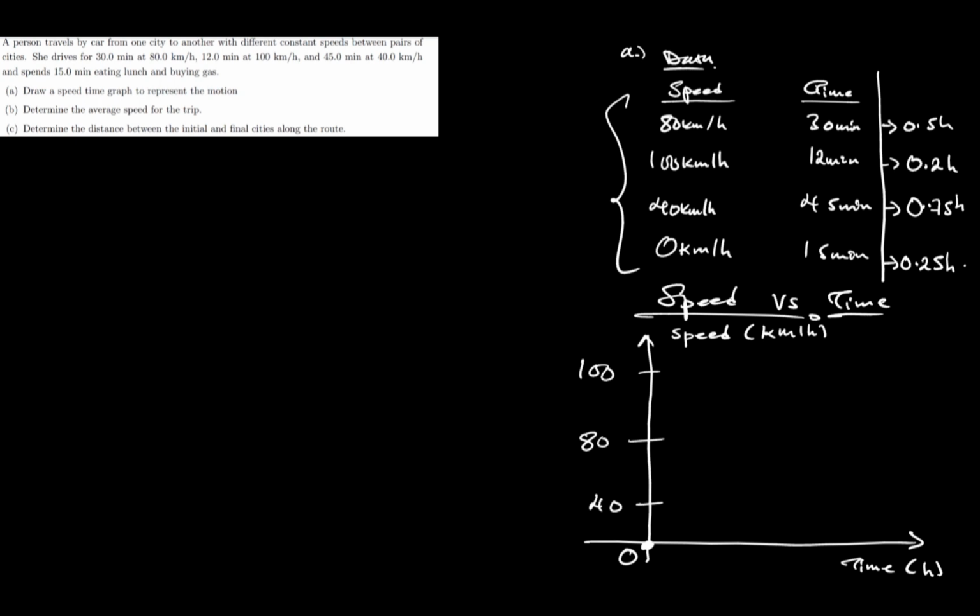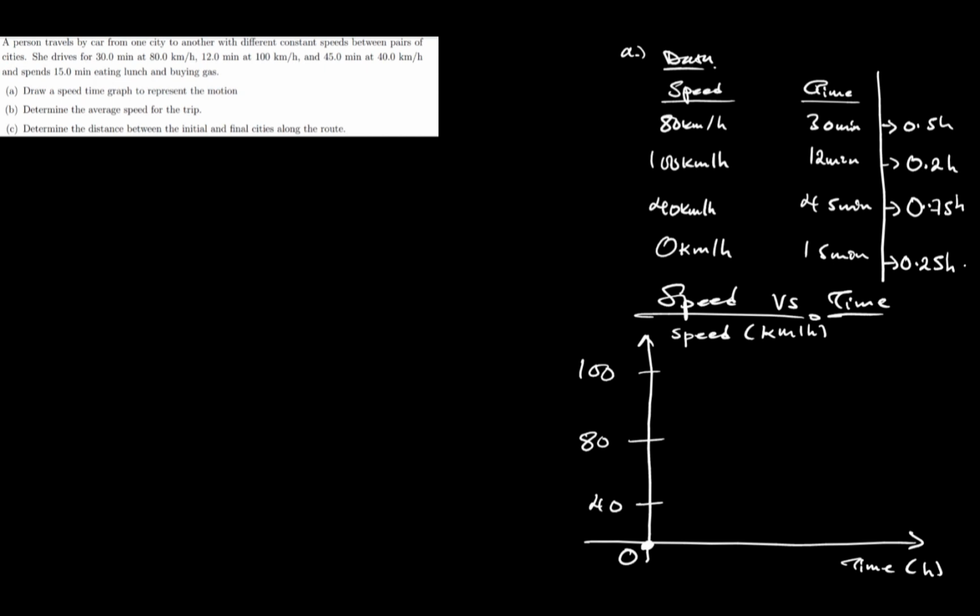At time 0, we can't really start at 0 kilometers per hour, because the journey starts from 80, then it keeps going. So we read it from the top going down. She drives for 30 minutes at 80 kilometers per hour, so it's 80 kilometers per hour for 0.5 hours.